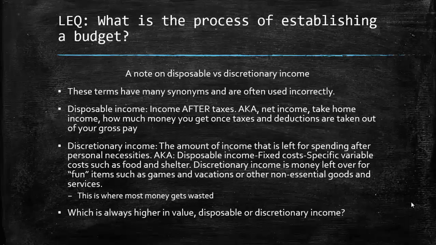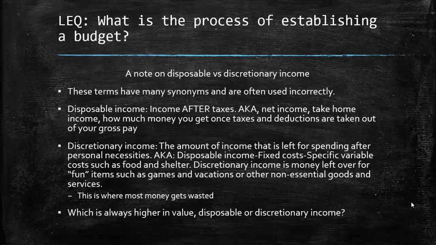Now, the reason why I say specific cost is because food and shelter are necessities. So you can think of discretionary income as income left over after necessities have been paid off. Now in class, we're calling a lot of those variable costs. So entertainment and having fun is not necessarily a necessity.